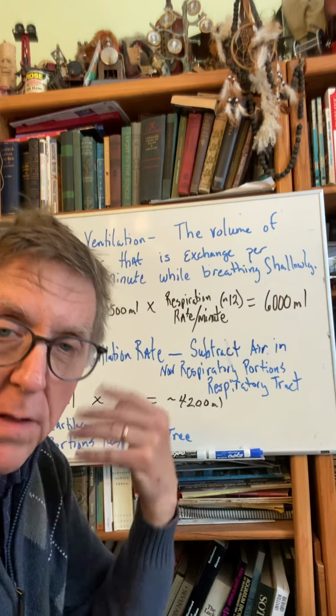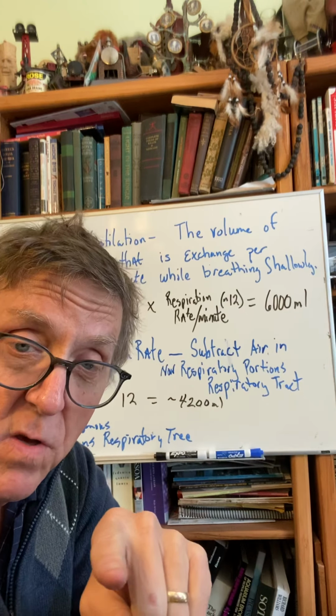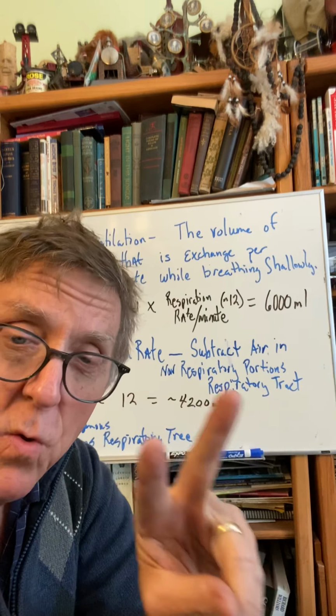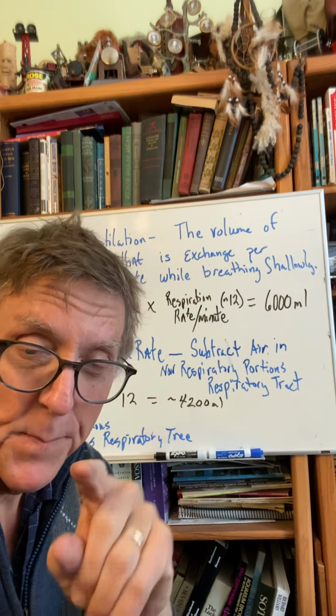And the reason this is possible is because all it has to do is cross 2 layers of simple squamous epithelium. It's a very flattened type of cell that makes up the wall, type 1 cells, in the alveoli or in the respiratory bronchioles. And then there's that similar type of cell that makes up the walls of the capillary. And so this is what oxygen diffuses across, and CO2 comes the other direction.